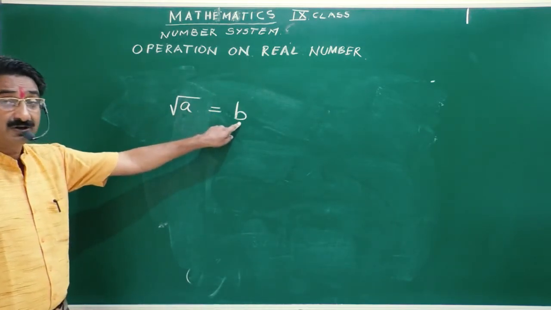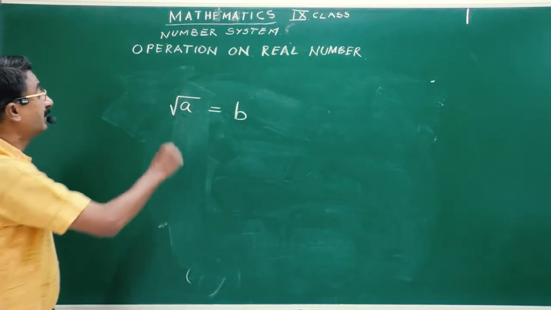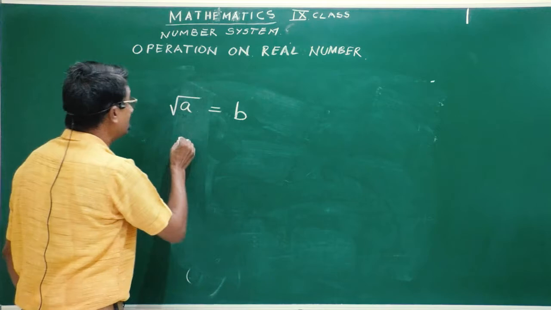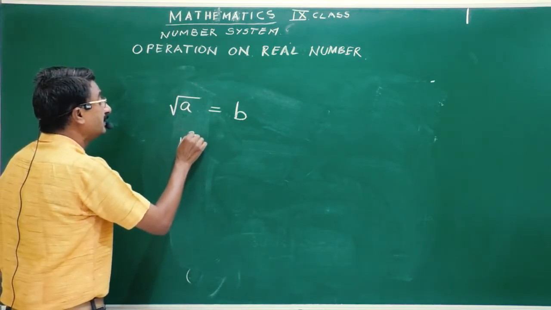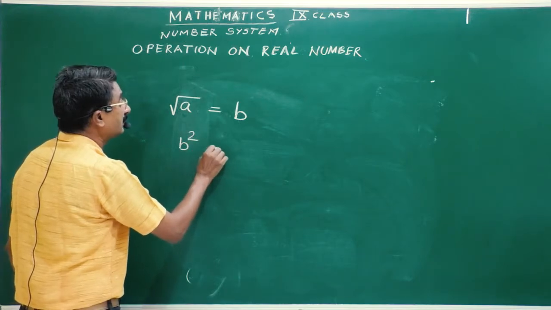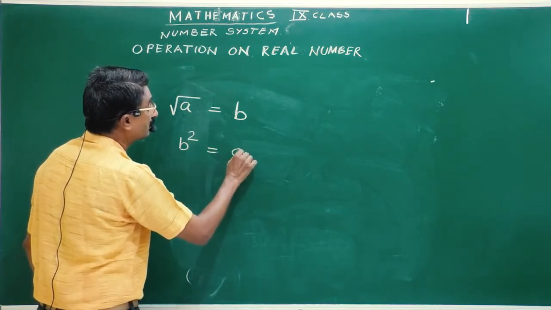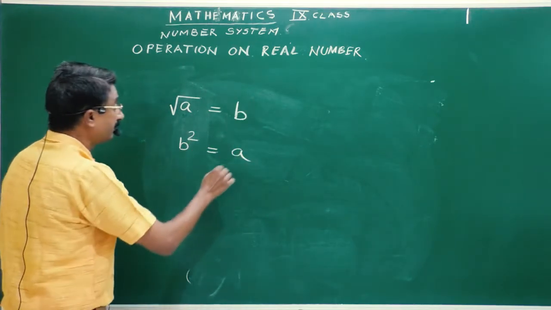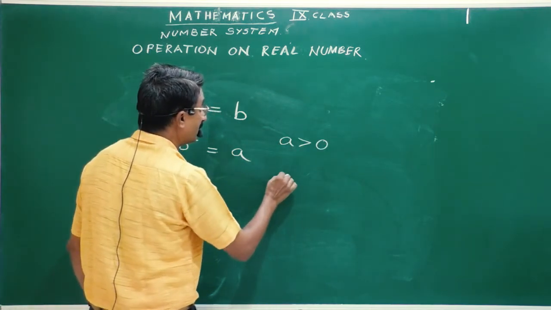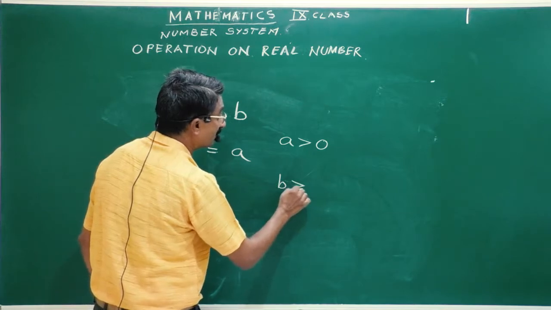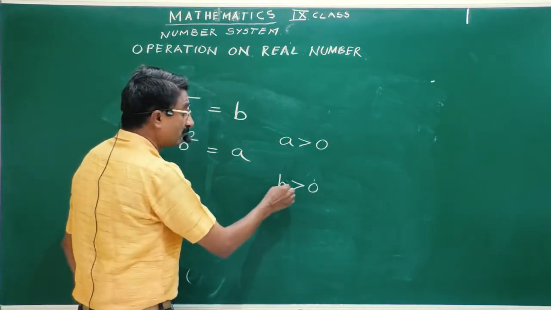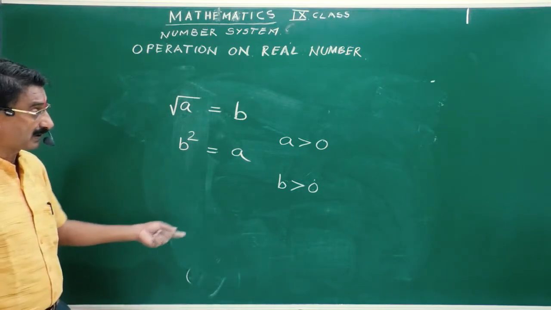Under root a is equal to b means we can write b square is equal to a, means a is greater than 0 as well as b will be also greater than 0.